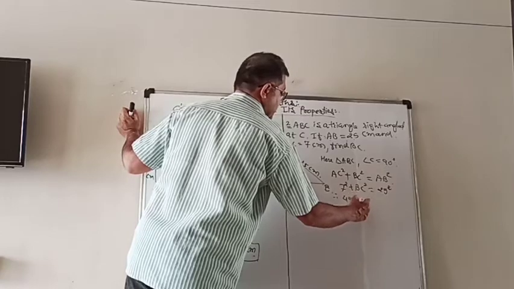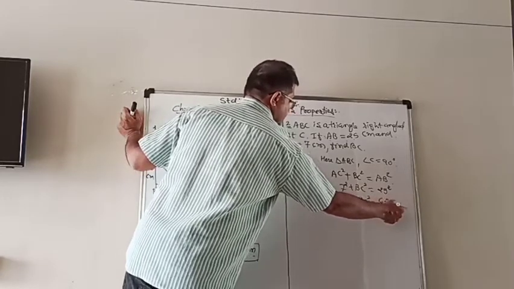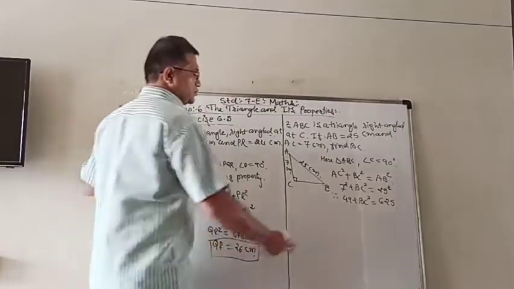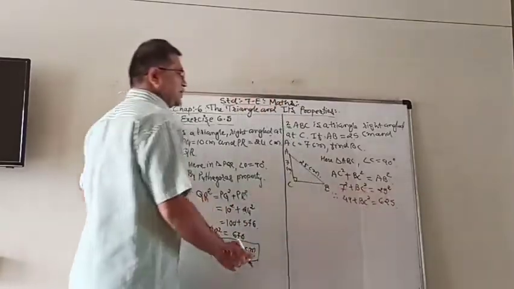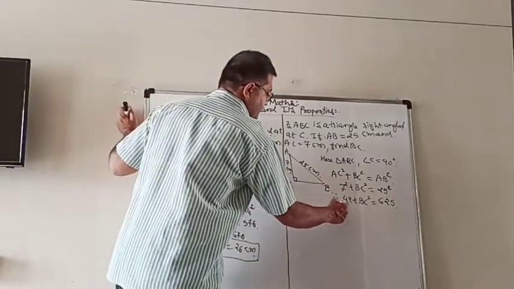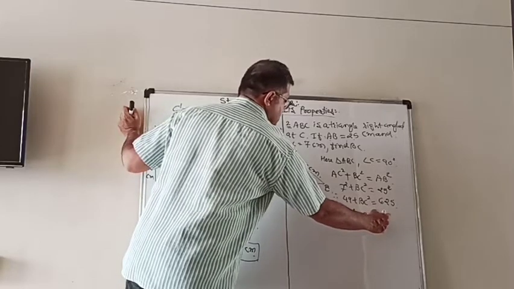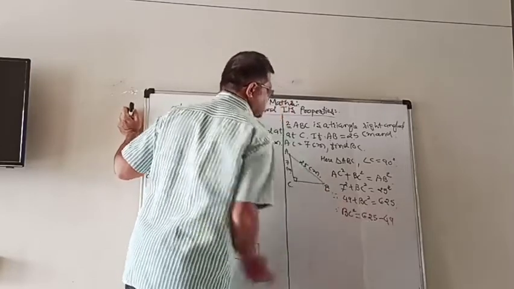7 square is 49 plus BC square is equal to 625. 25 square is 625. Therefore, BC square is equal to 625 minus 49.